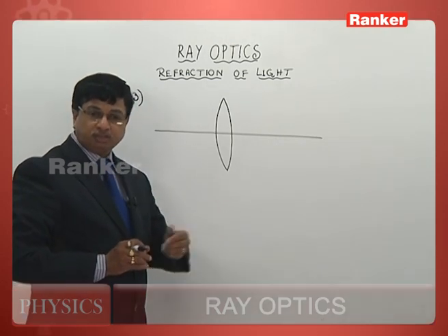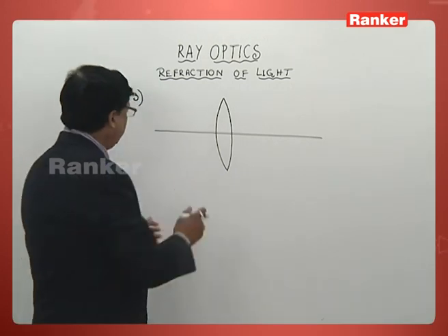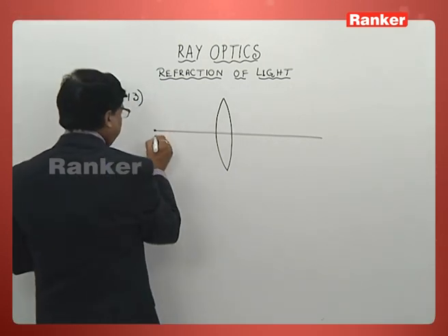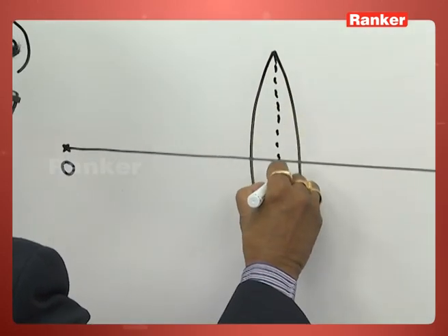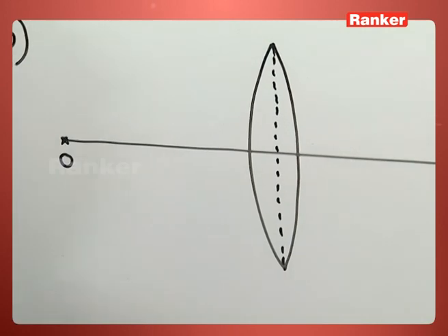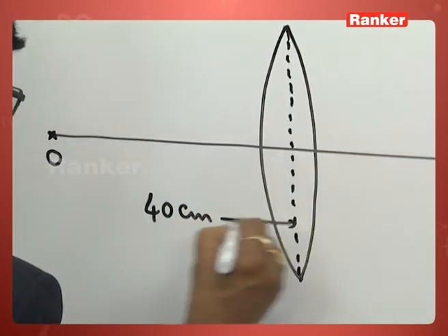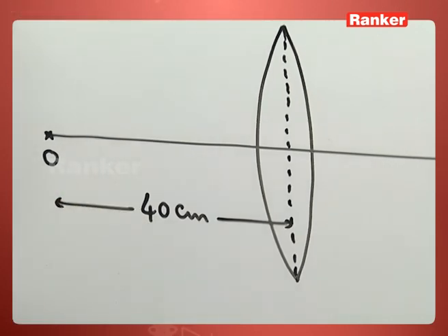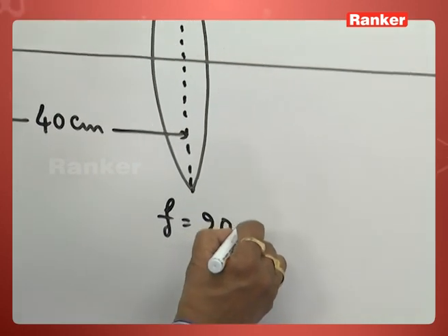At what distance is it placed? At 40 centimeter to the left of that lens. So let us consider this the object. This, of course, is the line of separation between two plano-convex lenses, as I can imagine. This distance is now given as 40 centimeter. And focal length of this lens is given as 20 centimeter.